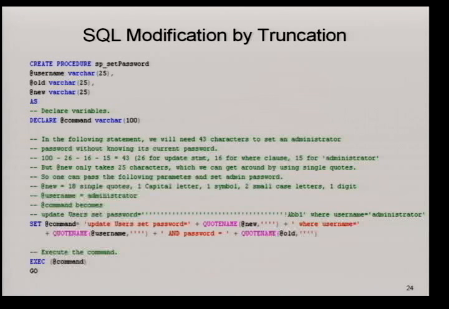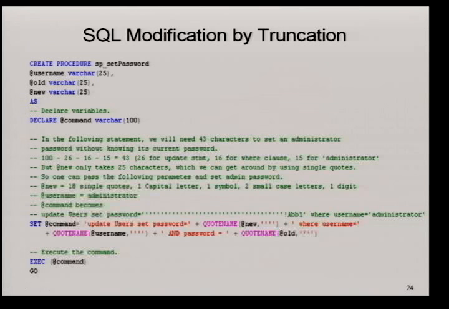In this example, if I want to truncate the command somewhere, I would truncate right after where username equals to some username. That way, I can set the password of any user without knowing his current password. If you count the number of characters consumed by update users set password equals to, that expression consumes 26 characters, and the space where username equals to consumes 16 characters.